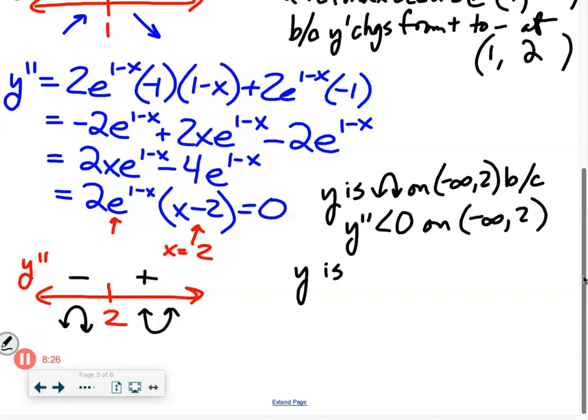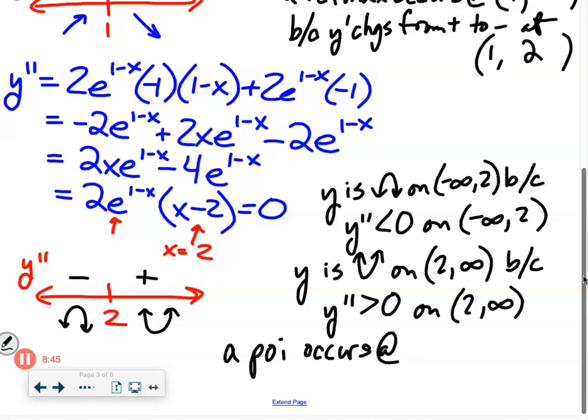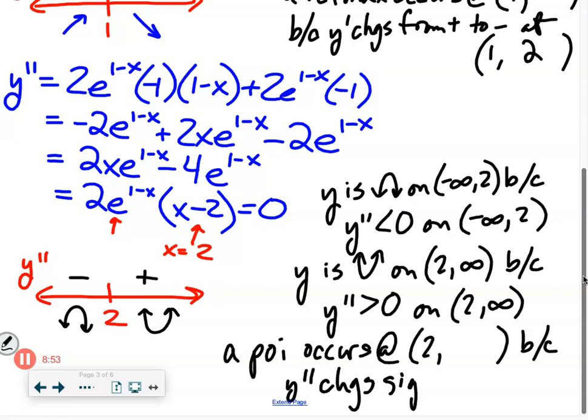Y is concave up on 2 to infinity because y double prime is positive on 2 to infinity, and a point of inflection occurs at 2 comma something because y double prime changes sign at that point.